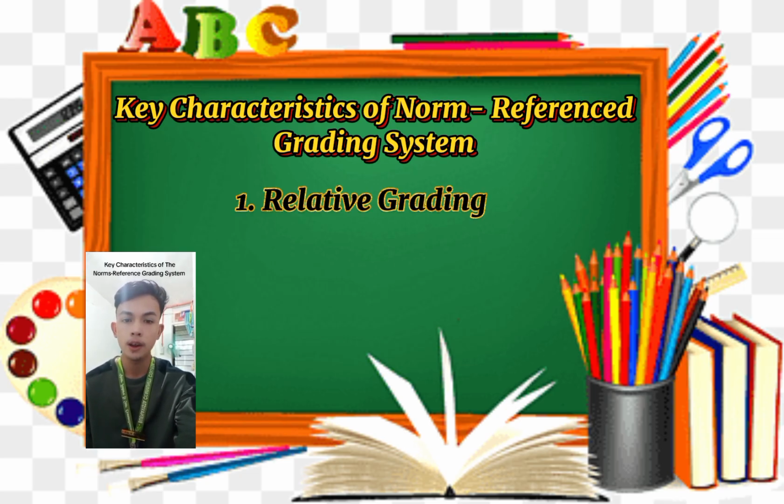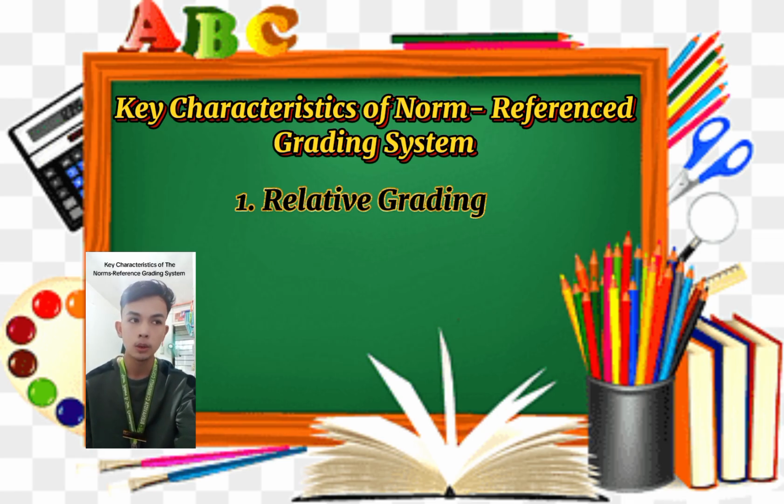When we say relative grading, a student's grade is determined by their position within a group, and a fixed percentage of students receive each grade. This can also lead to a curve where a student's grade might be improved or worsened based on the performance of their peers.